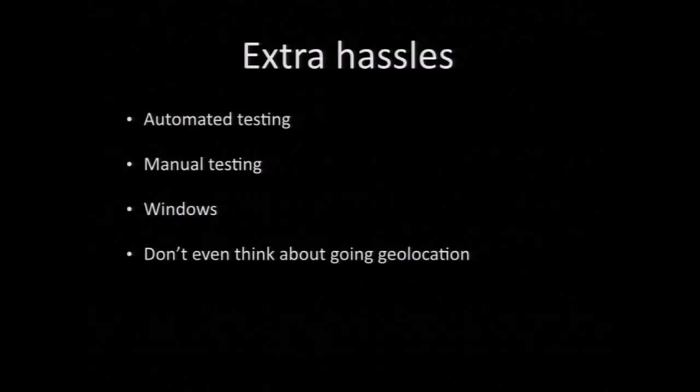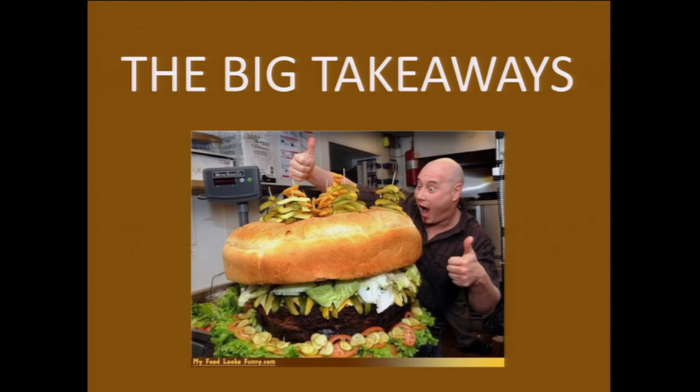They removed that because the number of people who complained from India and Pakistan about where the border should be on the map just forced them to just go, nah, screw it, we're just taking it out. And if you're worried about 100K of just time zone definitions, I can't imagine what the polygon data for time zone shapes would be. So I'll just finish quickly with some big takeaways.